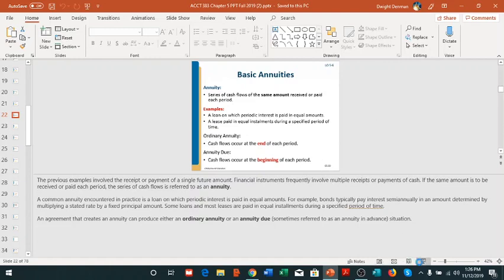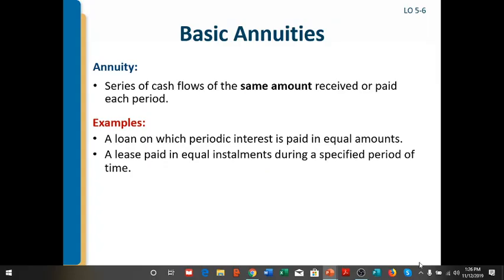All right, so anytime you have a series of cash flows, and usually these cash flows are the same amount, not always, but usually they're the same amount, you have an annuity, these payments, okay? And so you see this many times, for instance, with loans.